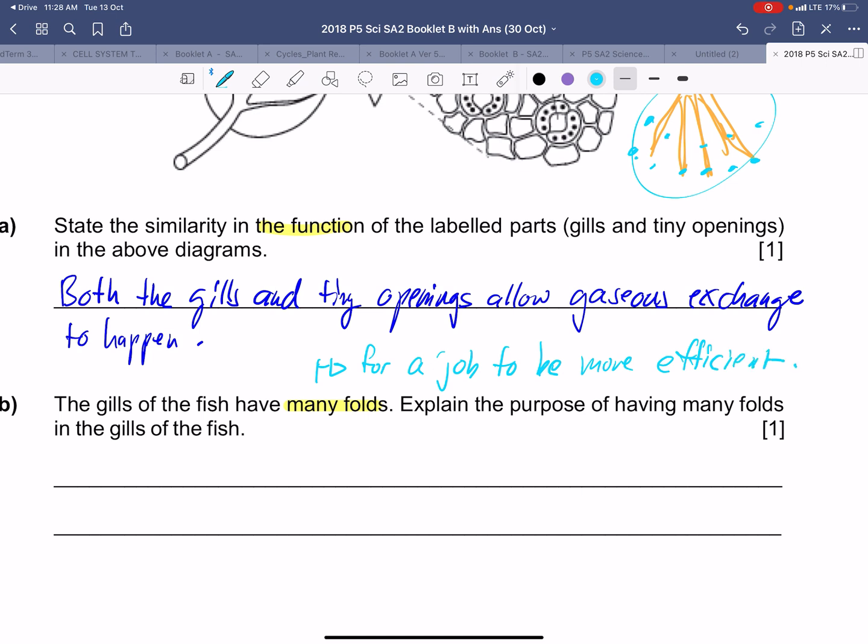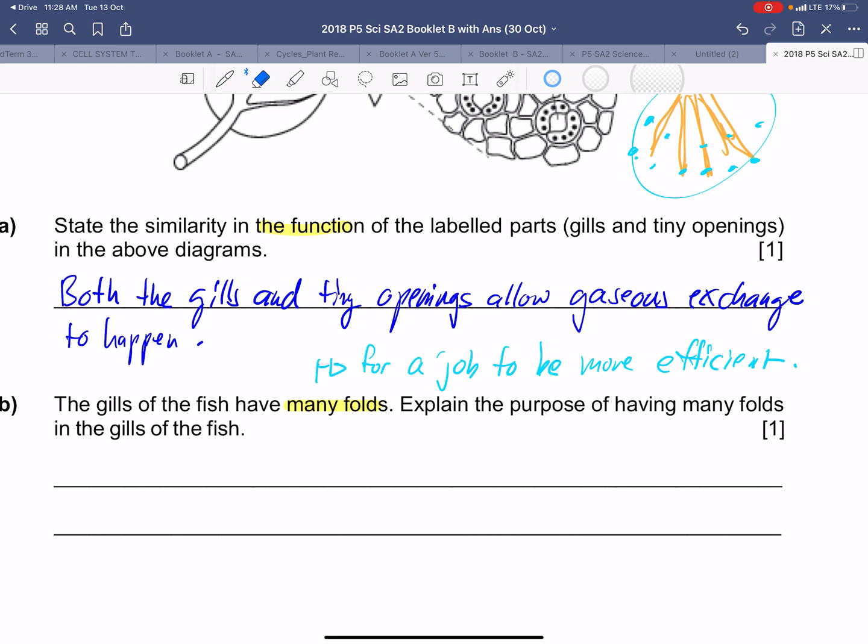So you ask yourself, what is the job here? The job of your gills is for gaseous exchange to happen, correct? So you want it to happen at a faster rate or a more. The word more or faster needs to be there, and I don't see it in your answer. And that is the problem.